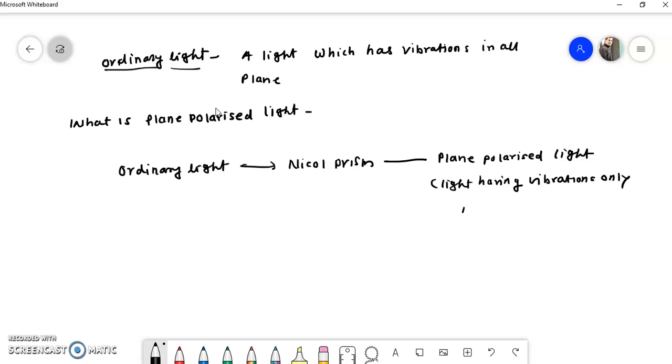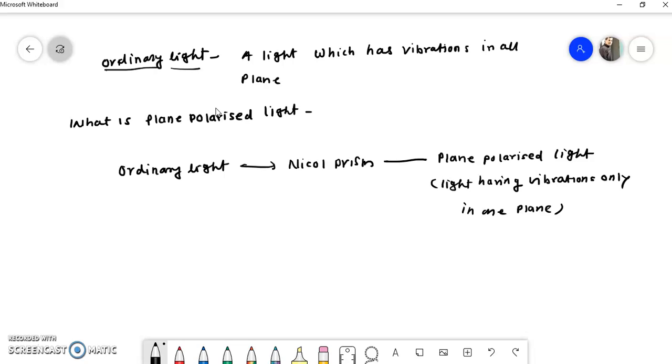That is also called monochromatic light. You remember this: plane polarized light and monochromatic light are the same. Plane polarized light is obtained by passing ordinary light through a Nicol prism. The prism used for obtaining polarized light is called a polarizer.